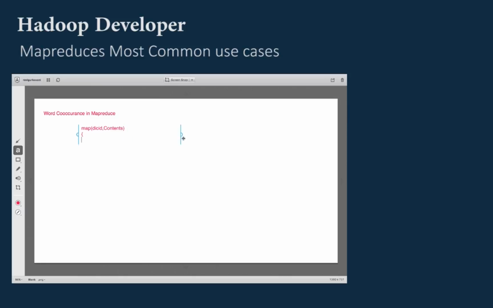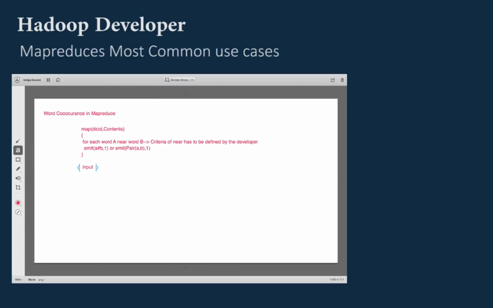We'll take, for each word A near word B, a pair A, B, or we can have our own custom writable, and emit a pair of A comma B, 1. So we continue getting the counts.